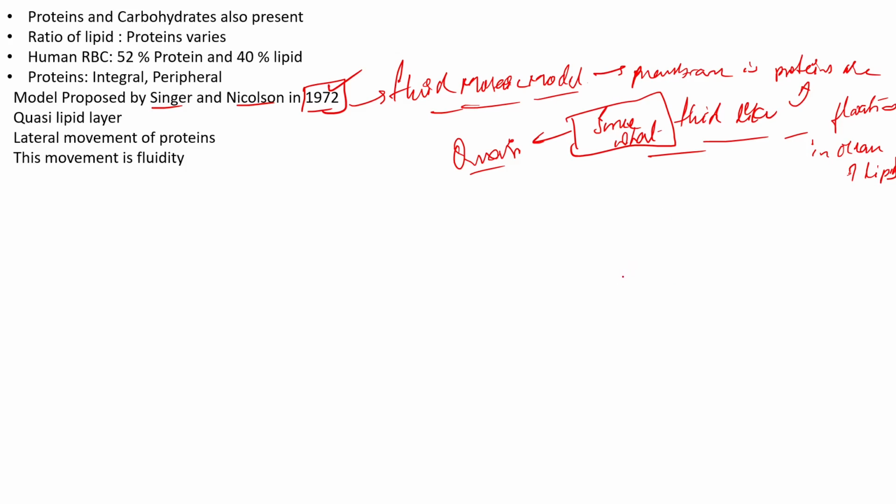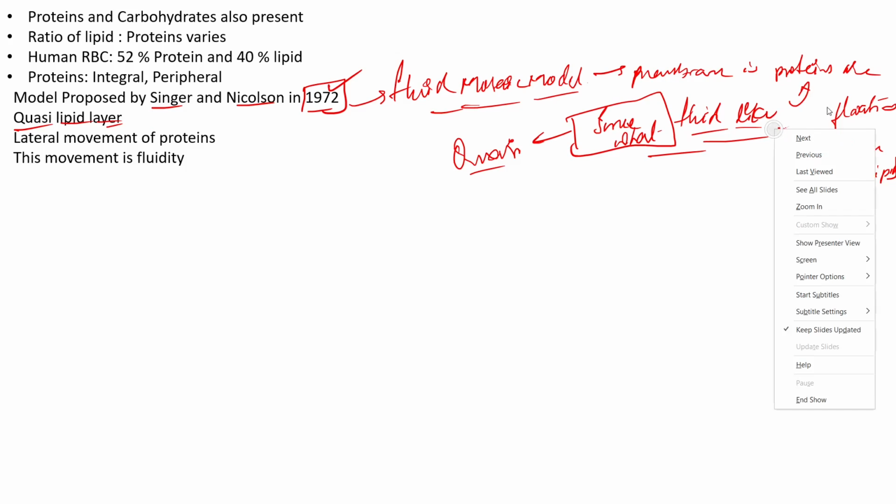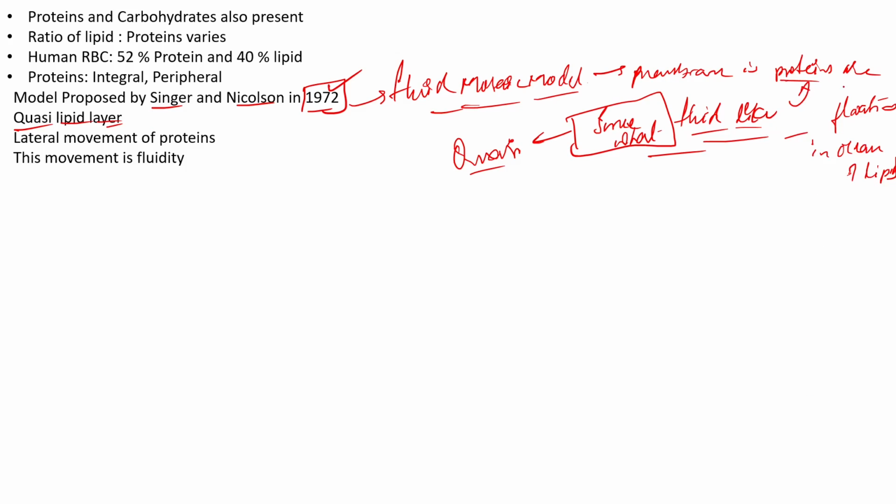Singer and Nicholson said that the membrane is somewhat fluid-like, so that is what we mean by the quasi-fluid layer. This is what the original statement in their papers tells us.